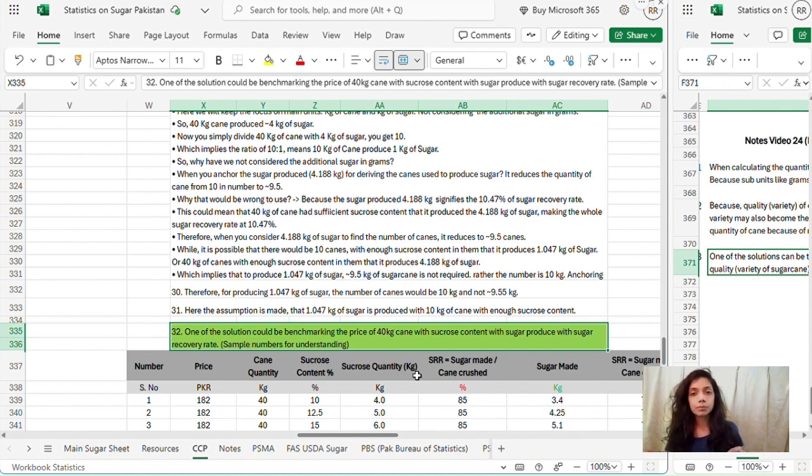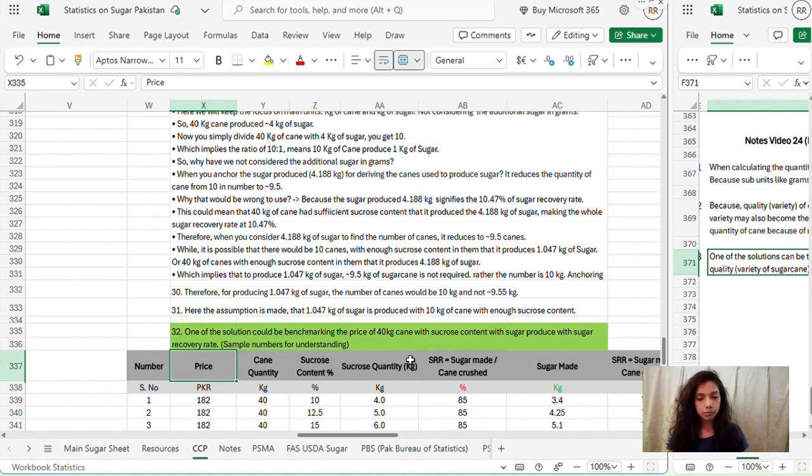If they don't try to apply better techniques or increase the efficiency of the mill, so that the sucrose content can be extracted from the canes efficiently and more sugar is produced, and they are not getting enough sugar from the quality of cane, it becomes a loss for them. So this is how indicative prices are not beneficial, both for farmers and the mills.